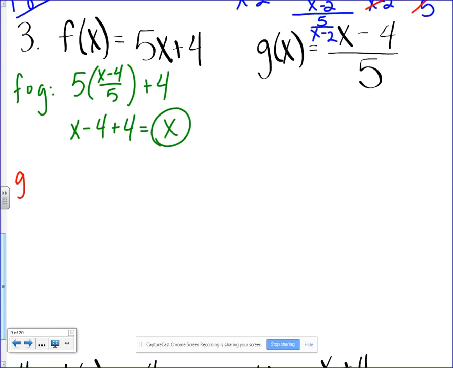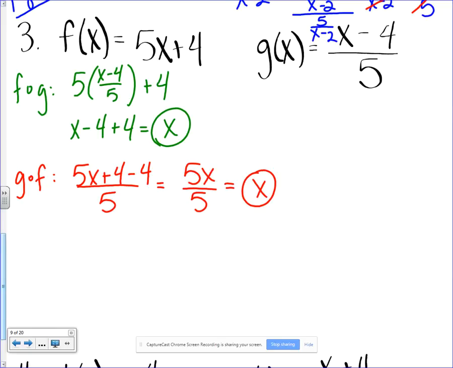Let's go the other way now. Take the f function, put it into the g function. So, yes, these things are inverses. They both boil down to just an x.